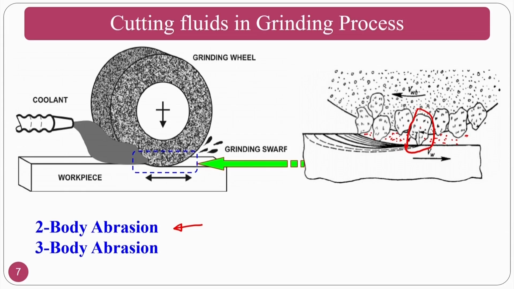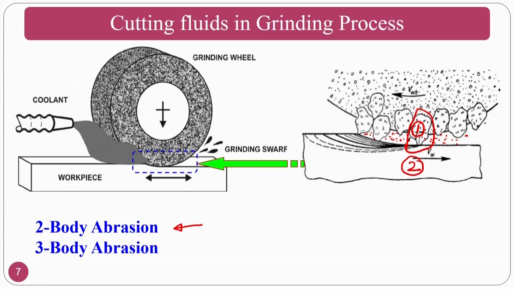So, as per the instructions of the grinding wheel, it has to work. That means whatever machining or grinding is taking place is dictated by the bond. It cannot rotate about its own axis. That is called two body abrasion. This is body 1 and this is body 2. That is why it is called a two body abrasion.